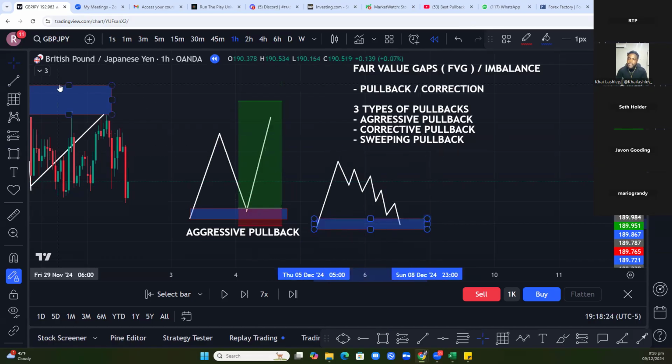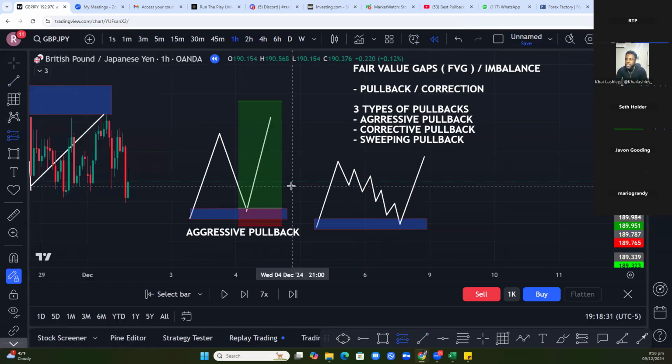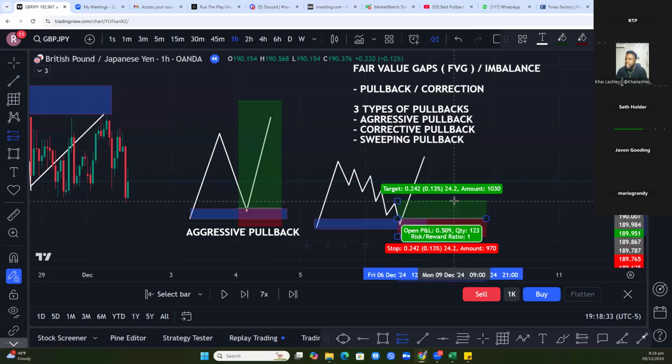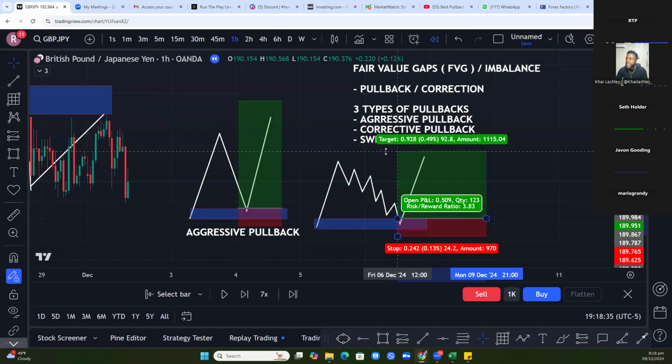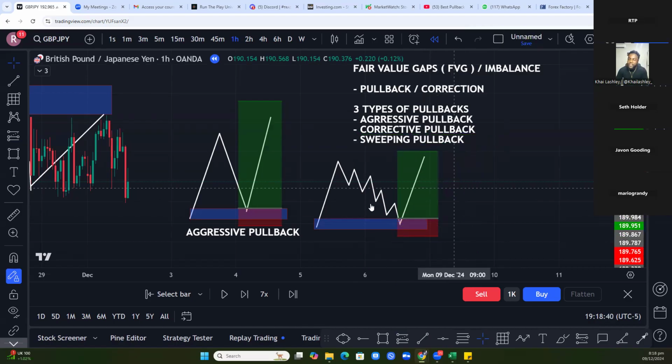This is a corrective pullback. The difference is it's smoother and slower. You have time to set up your trade, you don't have to be rushing. That's a corrective pullback.